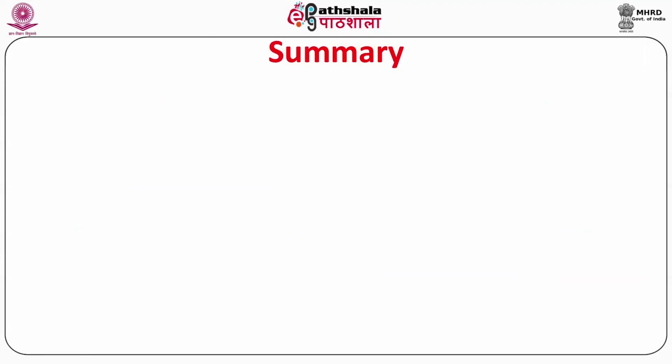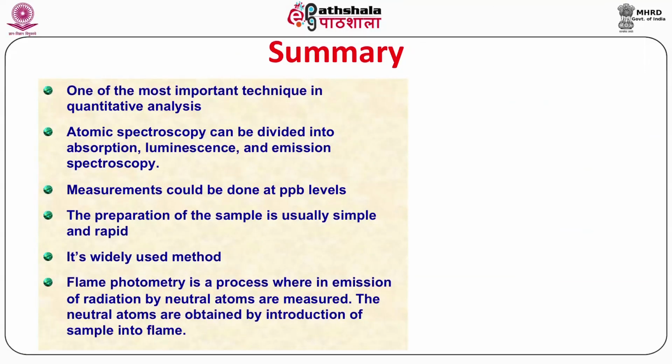So guys, let's summarize what we have learned so far. Atomic absorption spectroscopy is one of the most important techniques in quantitative analysis. Atomic spectroscopy can be divided into absorption, luminescence and emission spectroscopy.